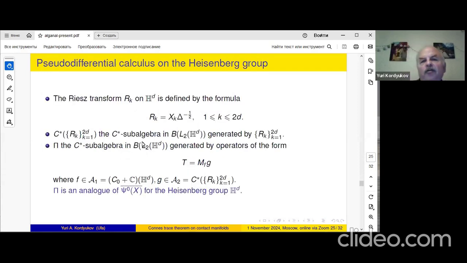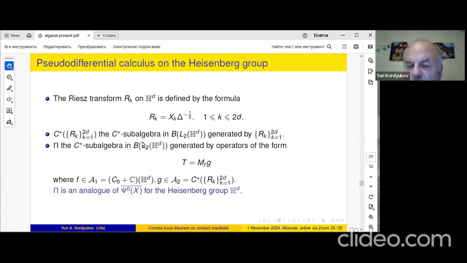But let me talk now about pseudodifferential operators. This is another story which I was not talking about yet: the goal was not only to give the proof of the Connes trace formula, but also to give a kind of definition of pseudodifferential operators from the point of view of operator theory and noncommutative geometry, maybe.